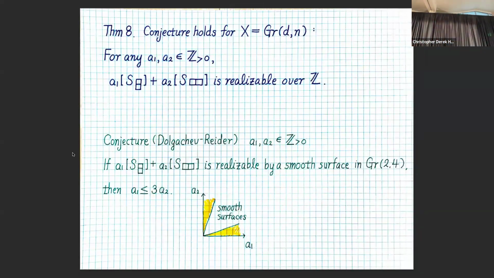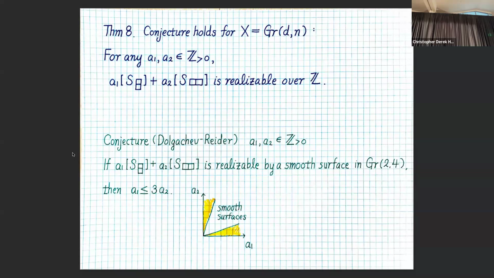The very weak evidence, other than the case of P1 to the 4, is the case of Grassmannians, where there are basically no conditions, because H11 here has dimension 1. So the one positive eigenvalue condition is vacuous. And also, this is homogeneous, so the universally pseudo-effective condition is also vacuous. It's just effectivity.